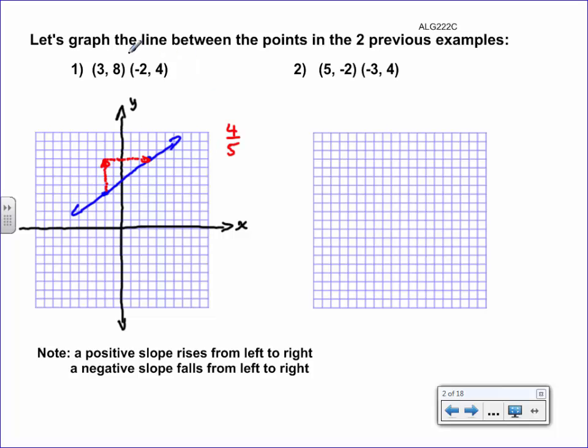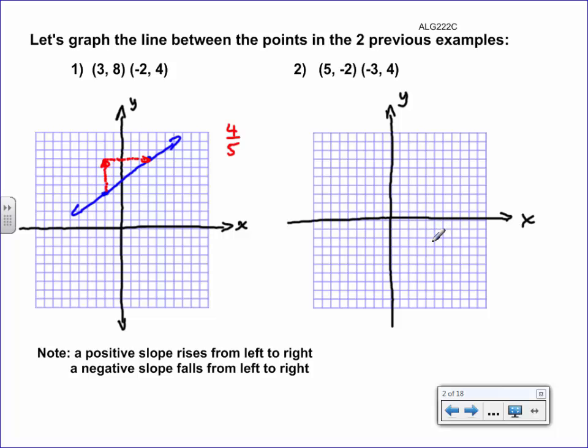Let's try another one. The other one that we calculated, okay, 5, negative 2. Let's see, 3, 4, 5.